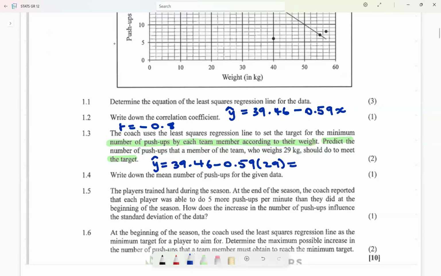And then you get something like 22.35 push-ups. Again, you can say it is 22 or 23, but just leave it like this. It's fine.